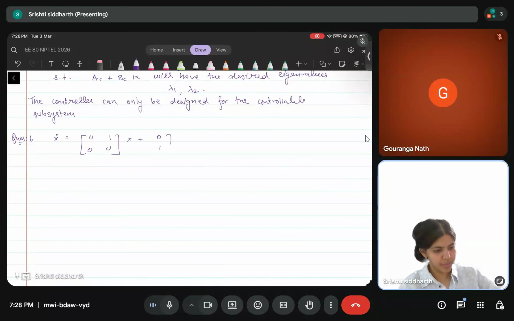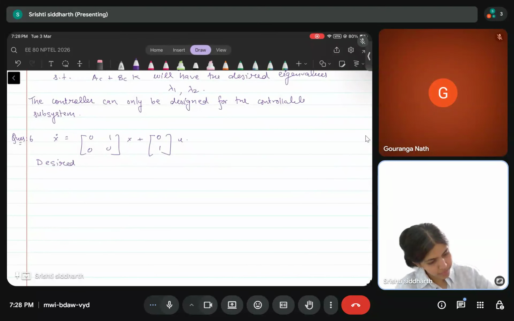We have already designed the feedback controller using the pole placement technique by comparing the desired characteristic equation. Now let's do it with Ackermann's formula. So the desired characteristic equation is, let's say it has been given to us. This is s squared plus 8s plus 32.